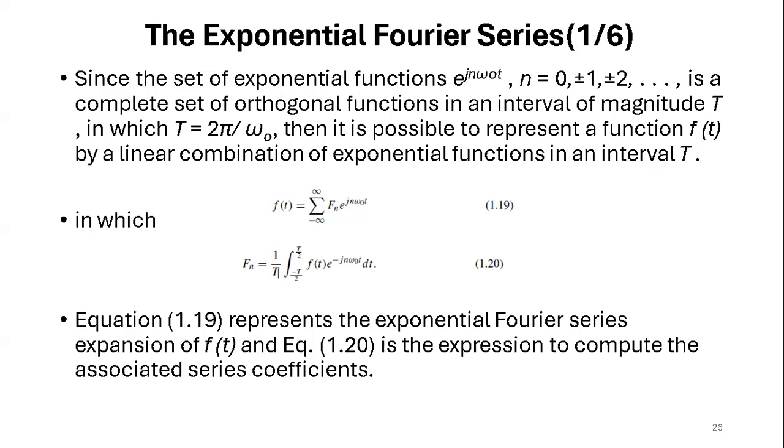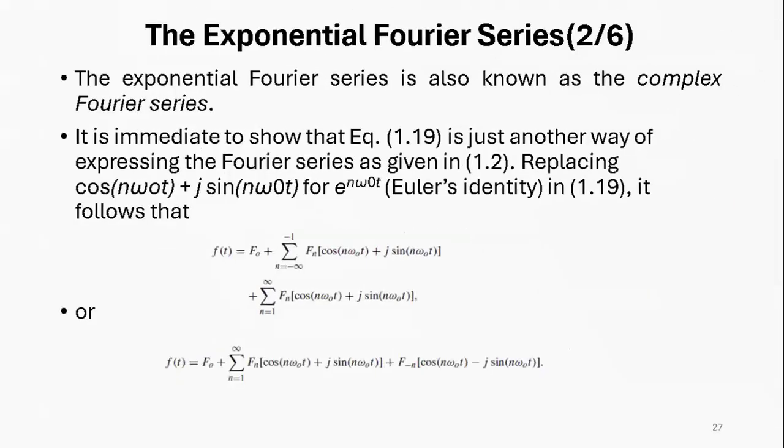Equation 1.9 represents the exponential Fourier series expression, and equation 1.2 is the expression to compute the associated series coefficients. The exponential Fourier series is also known as the complex Fourier series.